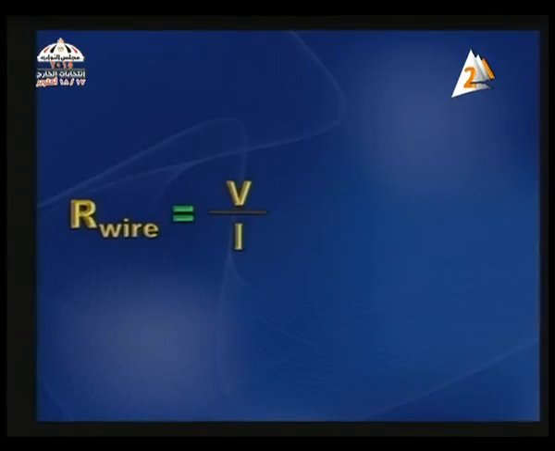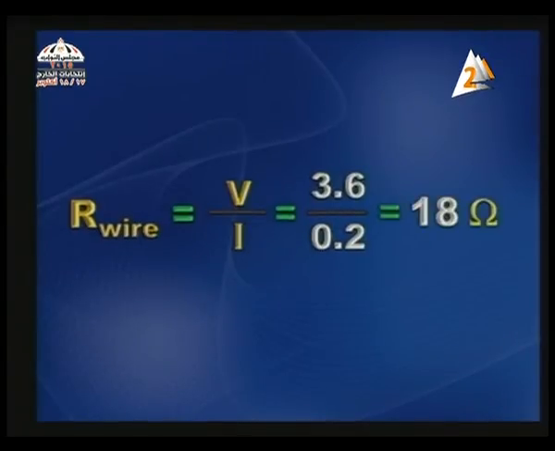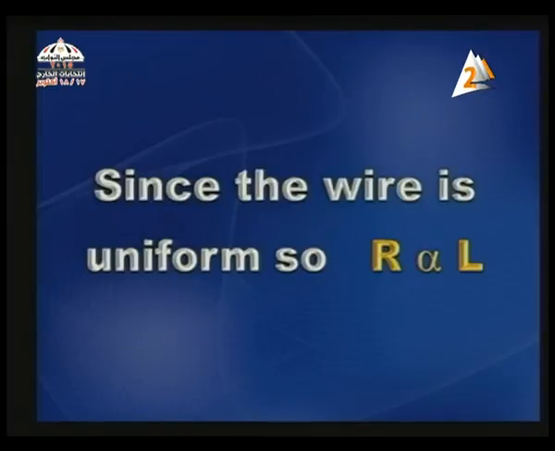Potential over current, it is 3.6 over 0.2. It is 18 ohm. Okay, the wire is uniform, so resistance is proportional to its length.